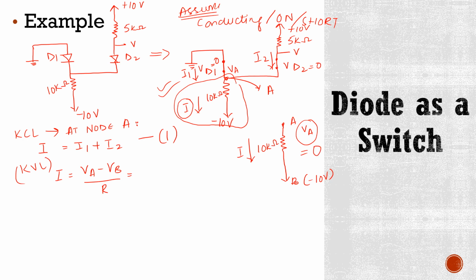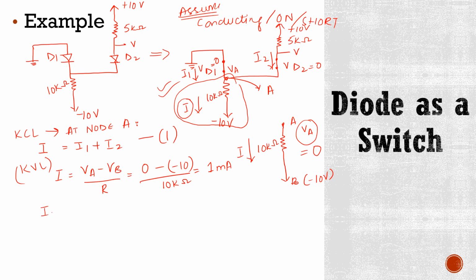It means this VA is 0. Now after putting values in this equation, we will get something like this. This is 10 kilo ohms. After solving this, you will get 1 milliampere. So I is 1 milliampere.